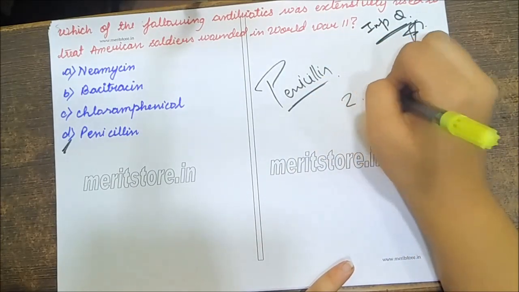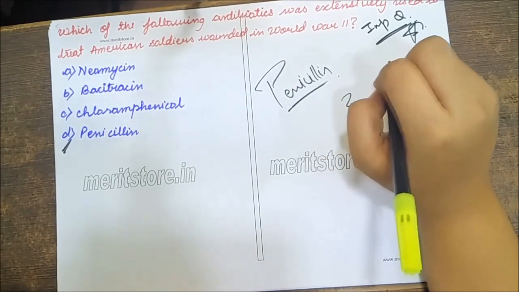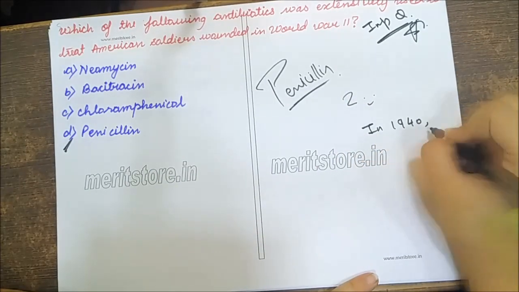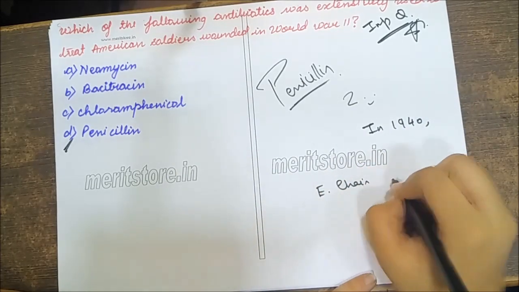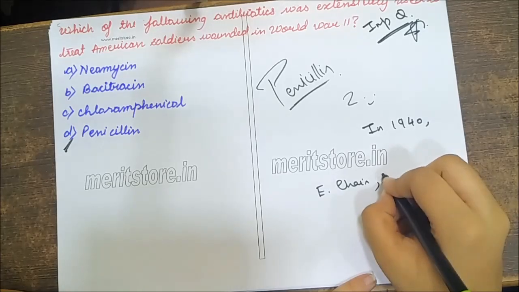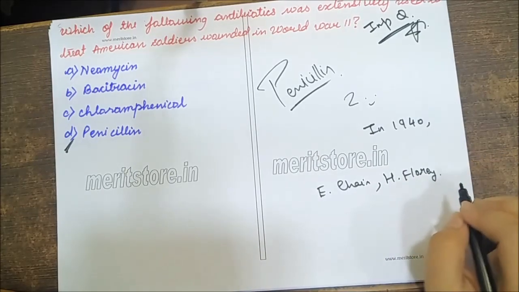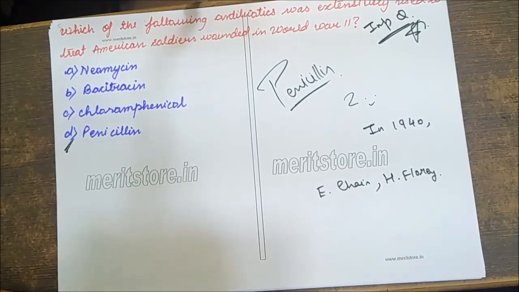Let's know how. In the year 1940, two scientists named E. Chain and H. Florey obtained a relatively stable preparation of penicillin, which was extensively used to treat the American soldiers who were wounded in World War II.